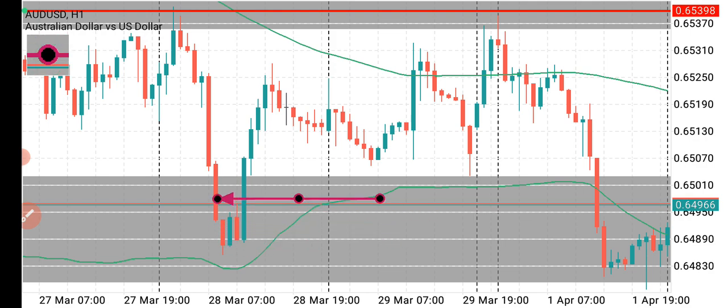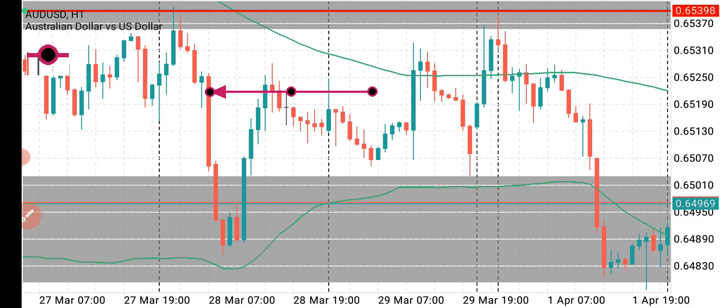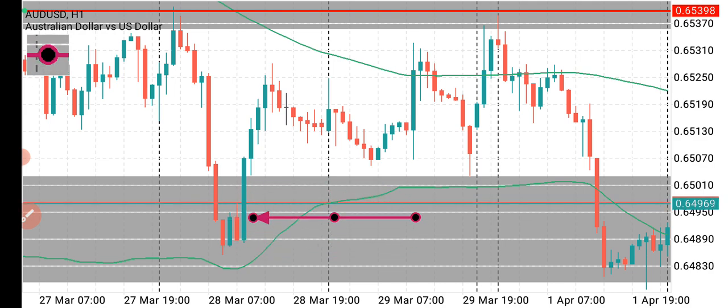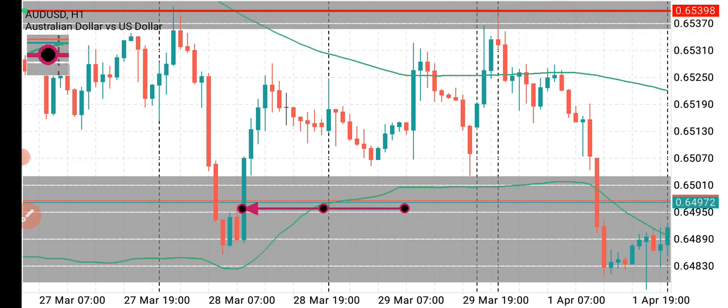Looking at this particular candle, this is a bearish candle, showing that sellers are present in this market. This is another follow-up bearish candle, telling us that sellers are still in the market, and this also is a bearish candle. But on reaching this support, in order for us to buy, we need proof that buyers are in this market.